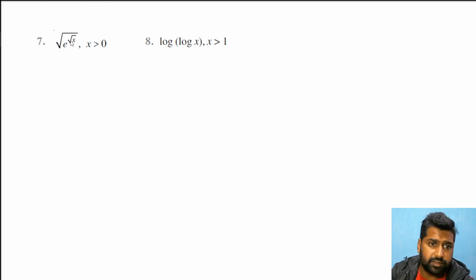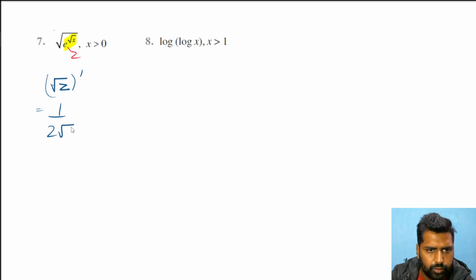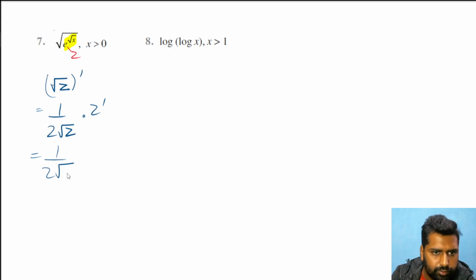I told you to learn this differentiation of square root. You can see the significance now. So what is the first thing that came? Square root. So whatever is present inside, that will be your z. So your question will look like root z dash. Differentiation of root z is 1 by 2 root z into z dash. 1 by 2, z was square root of e raised to power root x. Okay, and then differentiate e raised to power root x.